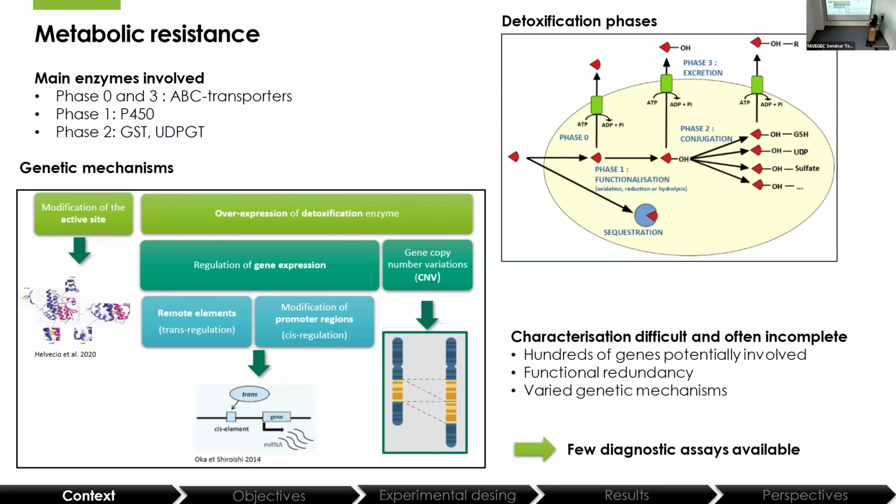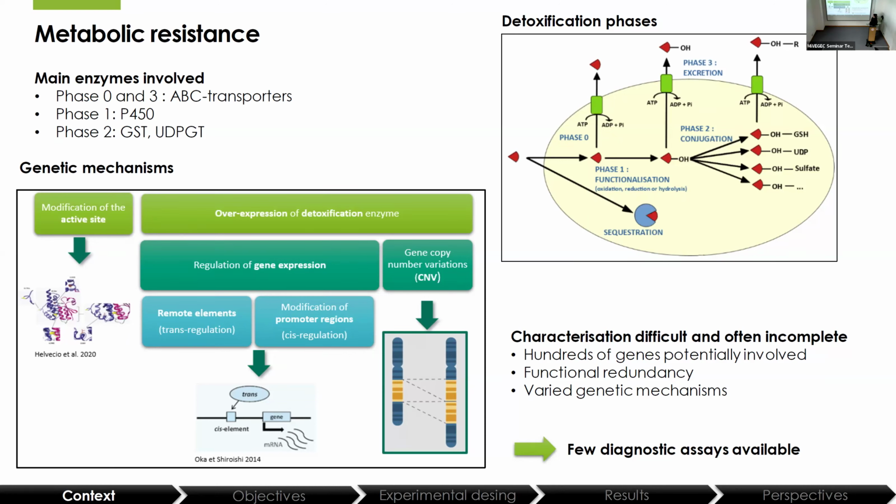During phase 1, the insecticide is made more hydrophilic to be excreted more easily.